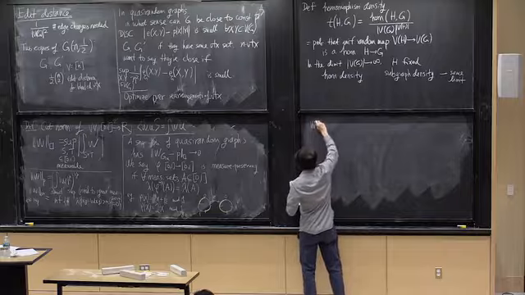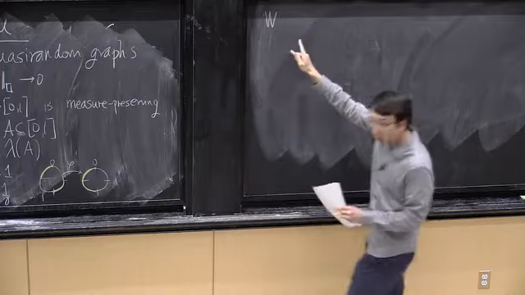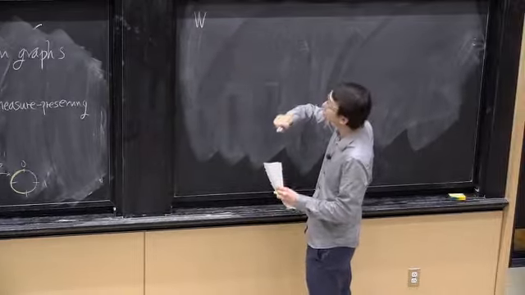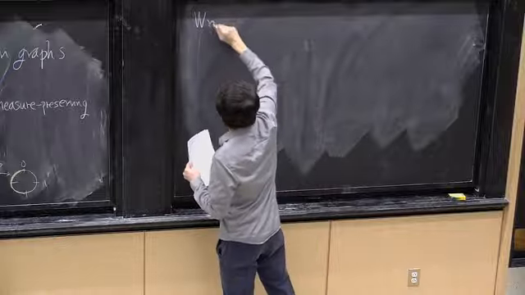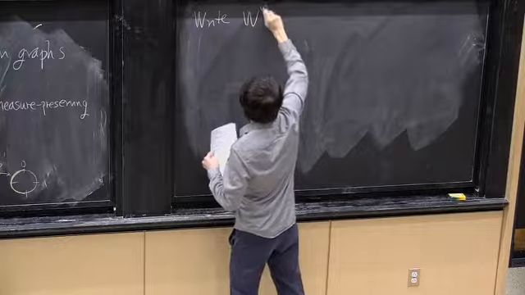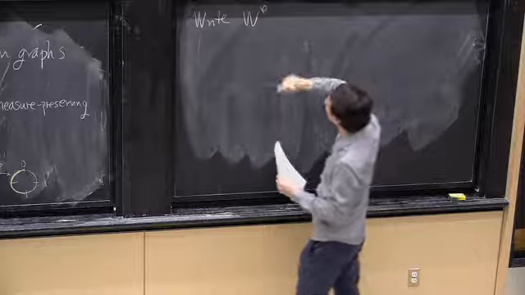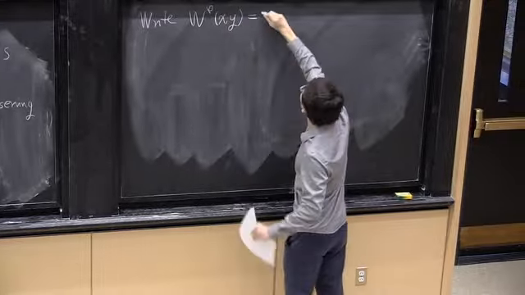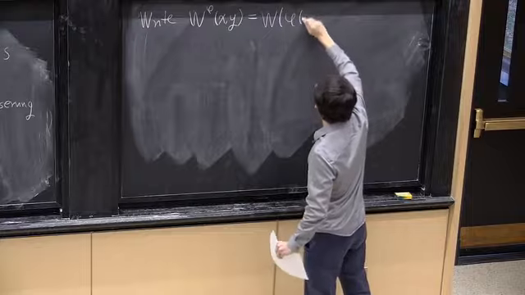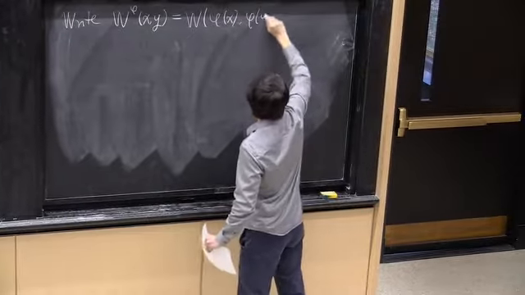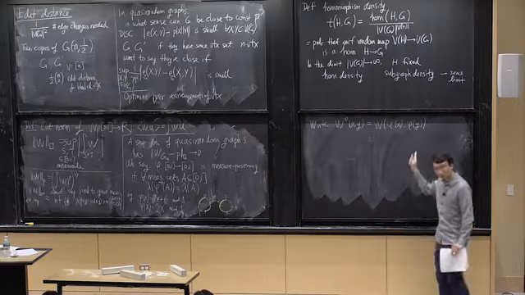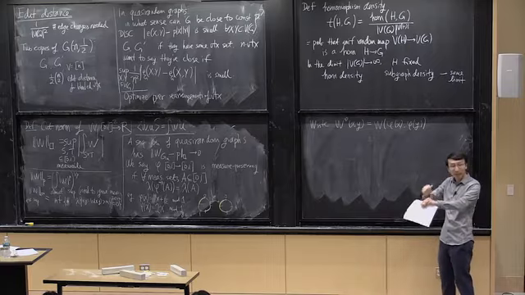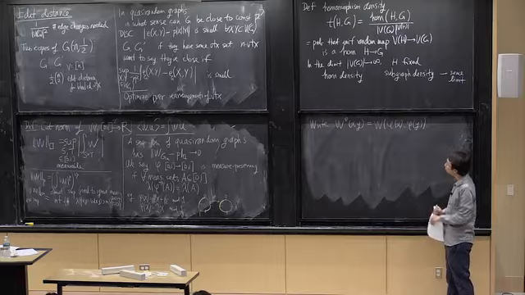Starting with a symmetric measurable function w, I write w superscript phi to denote the function obtained as follows. I think of this as relabeling the vertices of a graph.